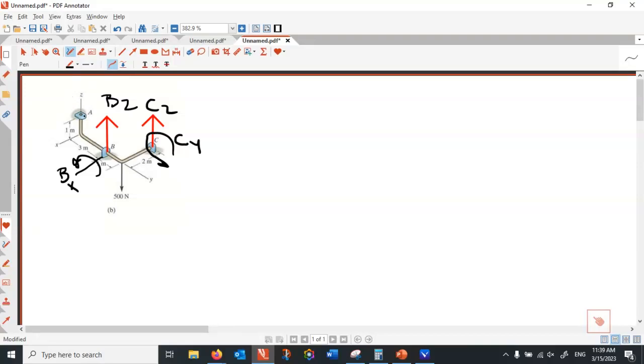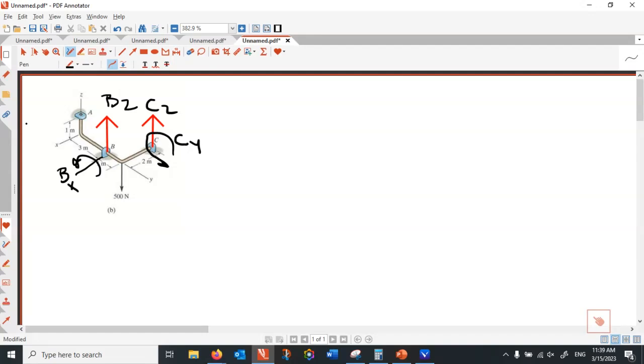So what about A? A is free to slide in z, so it won't develop a z force over there. C resists against the motion in the vertical direction, so I put a Cz over there.